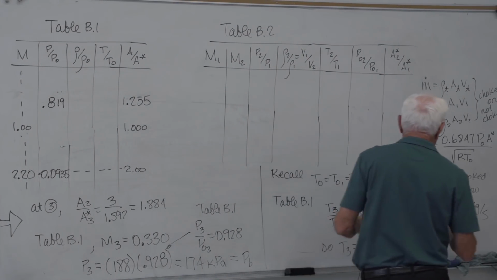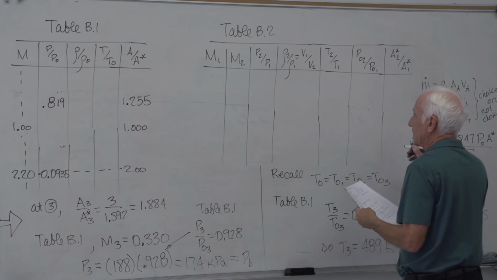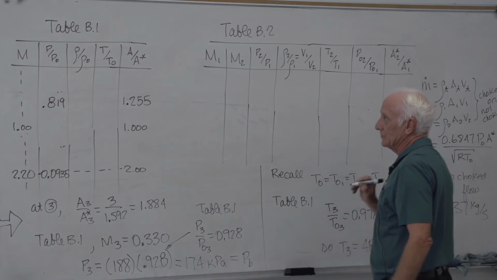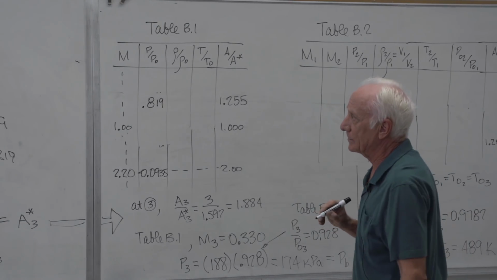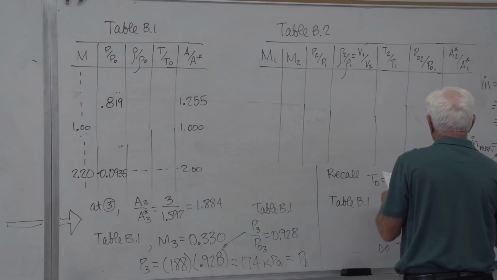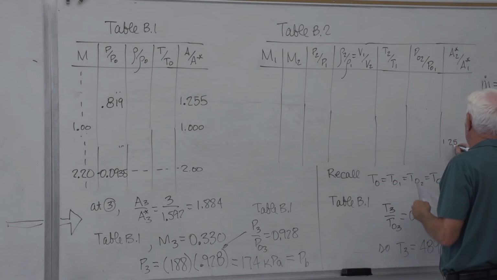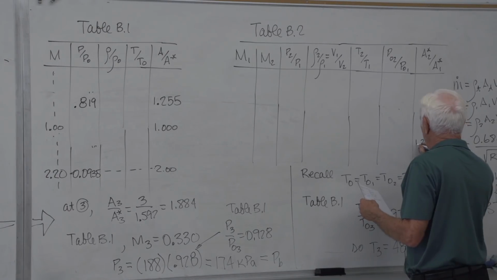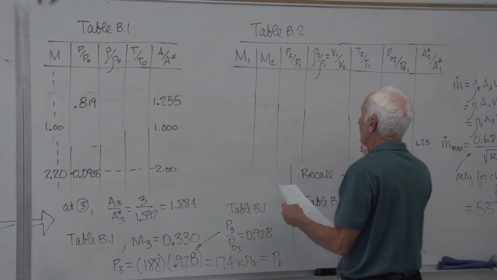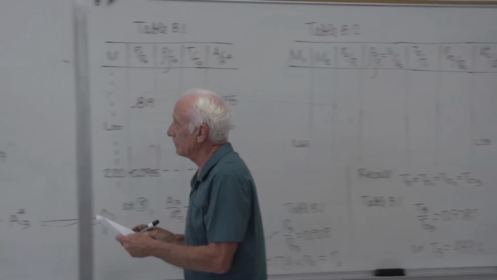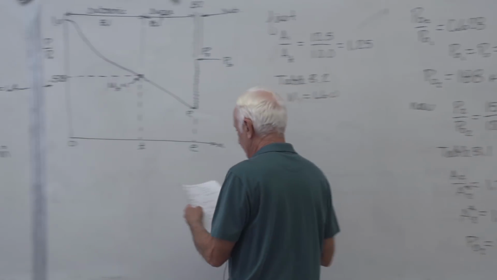So my area ratio is 1.25. Is that supersonic? Yeah, it's a shock wave. Supersonic, my roadmap shows me. So I go in there with this area ratio, 1.25, and I end up with a Mach number of 1.60.